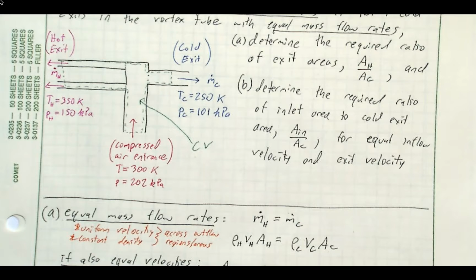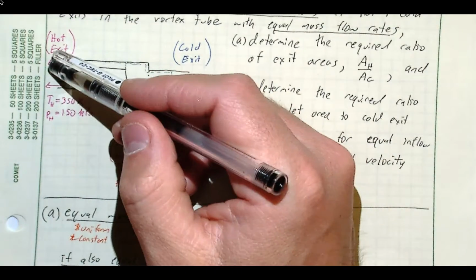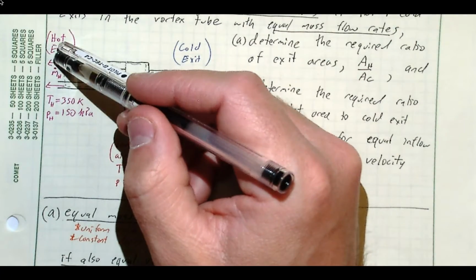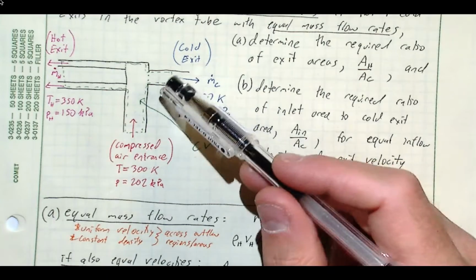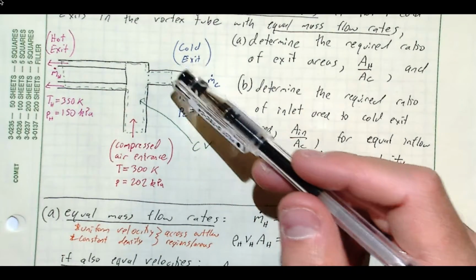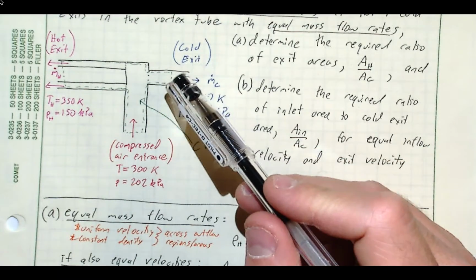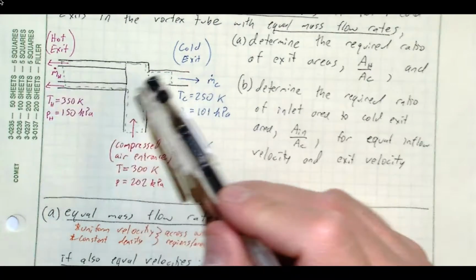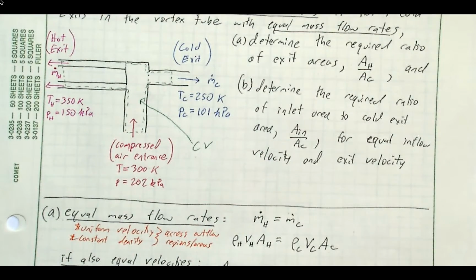All right, so even though we have a compressible fluid, and even within the system density can change, what we're saying here is that across the outflow of the hot, density is constant. Across the outflow for the cold part, density is constant. But if we compare here to here, density is definitely changing. Make sense? Okay.